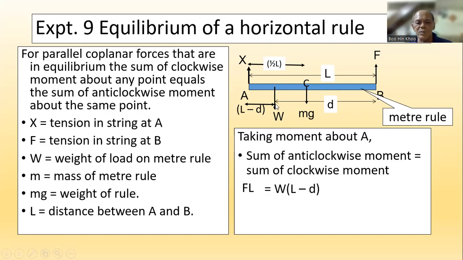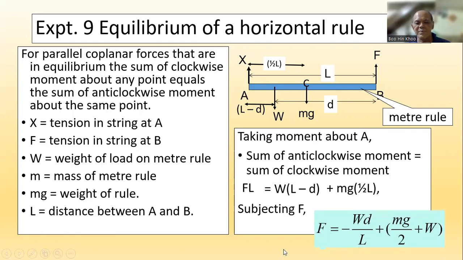Clockwise moment is W times (L minus D), that distance, plus your force mg times half L. Dividing by L, we get W, and W is taken to that side there. Then we got our minus W, and dividing by L, the L cancels off, so we still have half mg.